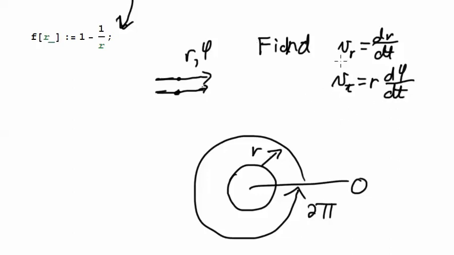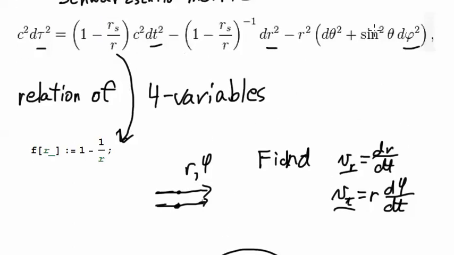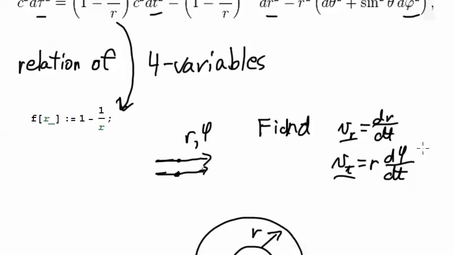And then from those two velocities, and those two velocities were really pretty well determined by this equation. If I give it dr d phi, you can solve for dt, which gives you the radial and tangential.